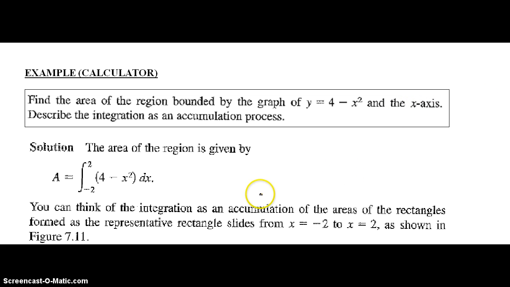And the reality of the x-axis is that the equation for the x-axis is y equals 0. So I would really be taking the integral from -2 to 2 of my top curve, 4 minus x squared, minus my bottom curve, y equals 0. You'll see more of that as we do more examples, but this is the introduction to the area between two curves.